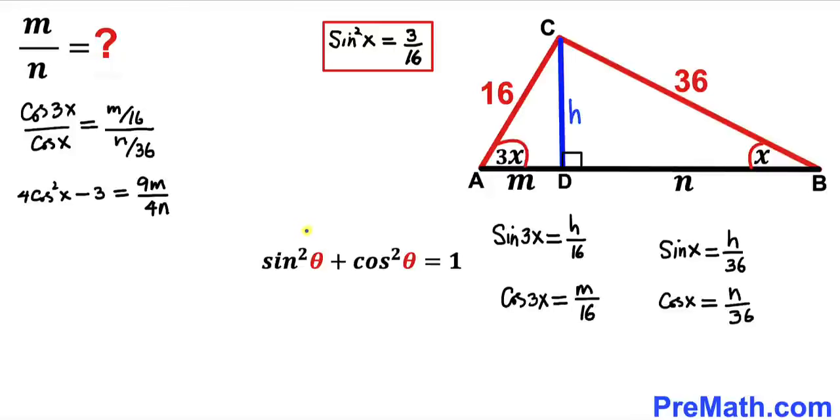And now let's recall another famous trigonometric identity. Sine square of theta plus cosine square of theta is always equal to 1. Let me move this sine square theta on the other side. So therefore we are ended up with the cosine square theta equal to 1 minus sine square of theta.